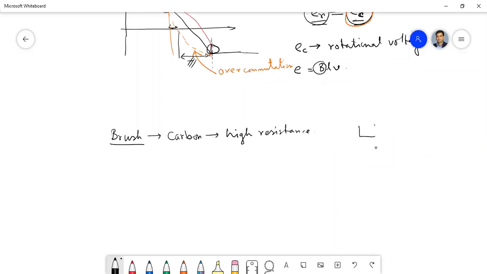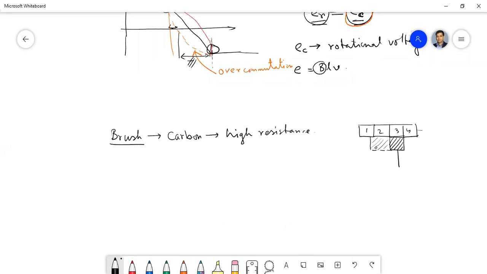আমরা যখন ডিসকাস করেছিলাম, if you can remember, suppose these are the commutator segments. So we assume that thickness of the brush is just equal to the commutator segment. Suppose this is 1, 2, 3, 4. These are the commutator segment and this is the brush. But in general, brush thickness are more than this. Is like this. So that means it can touch more than 2 segments at a time.